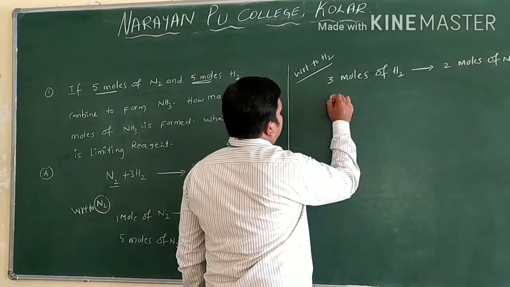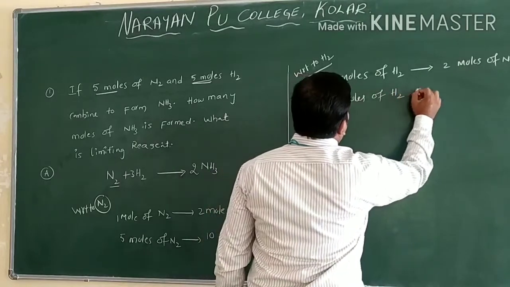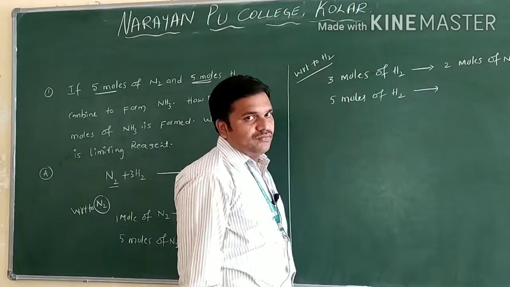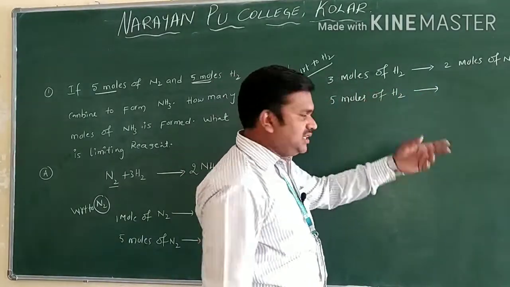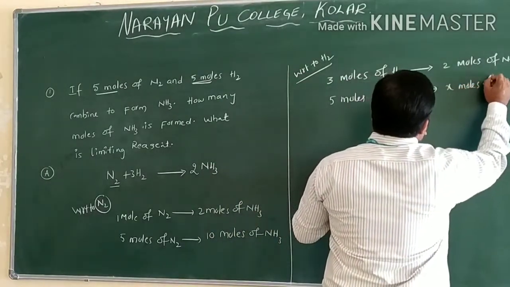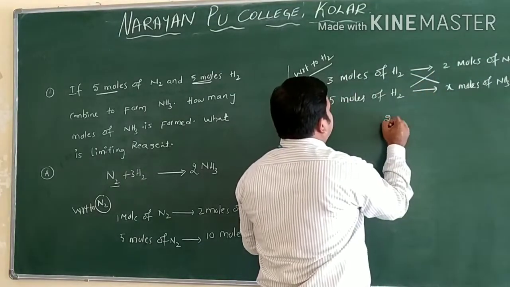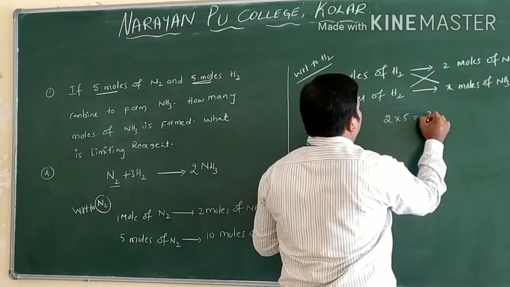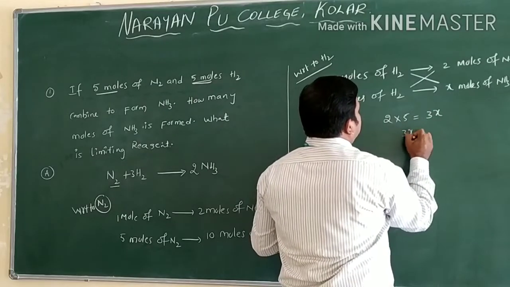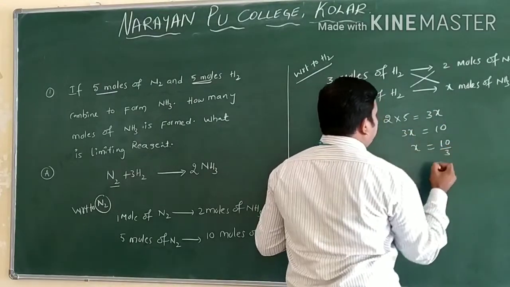So 5 moles of H2 gives how many moles? You can do the cross multiplication. I am writing x moles of NH3. Cross multiplying, 2 into 5 is equal to 3x, 3x is equal to 10, x is equal to 10 by 3.